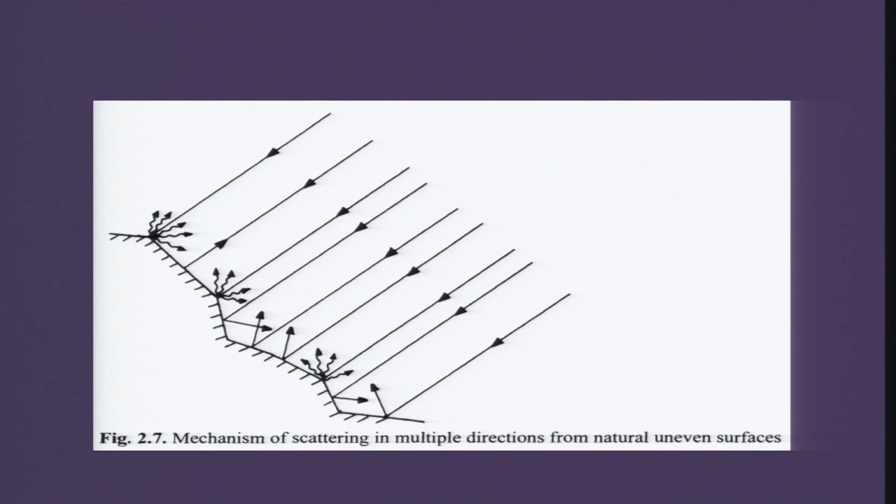Depending on the relief and the material, not all energy falling on the surface will be reflected back. It will get reflected or transmitted, or scattering will occur, in multiple directions depending on the relief or topography of the surface.